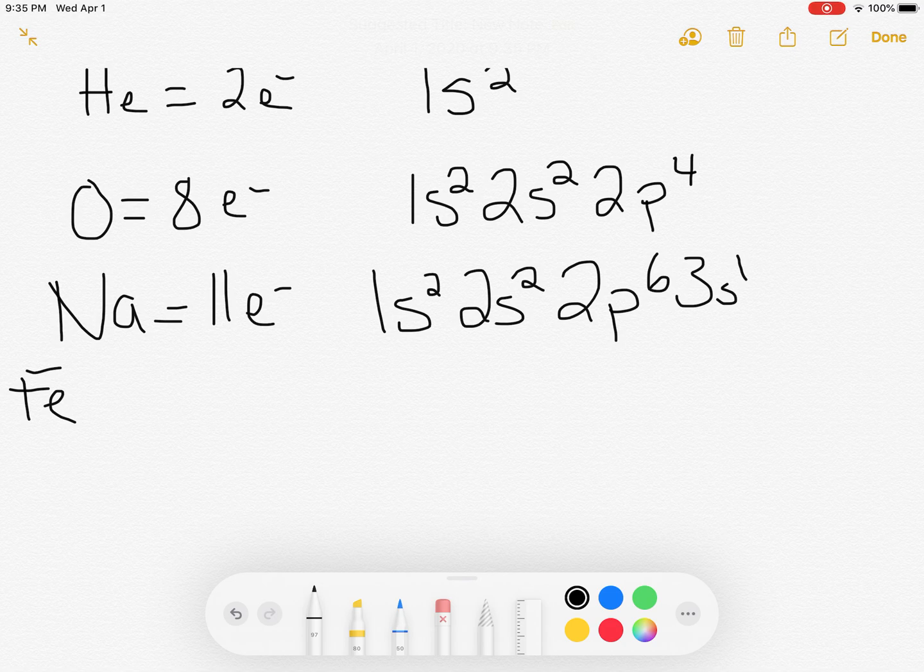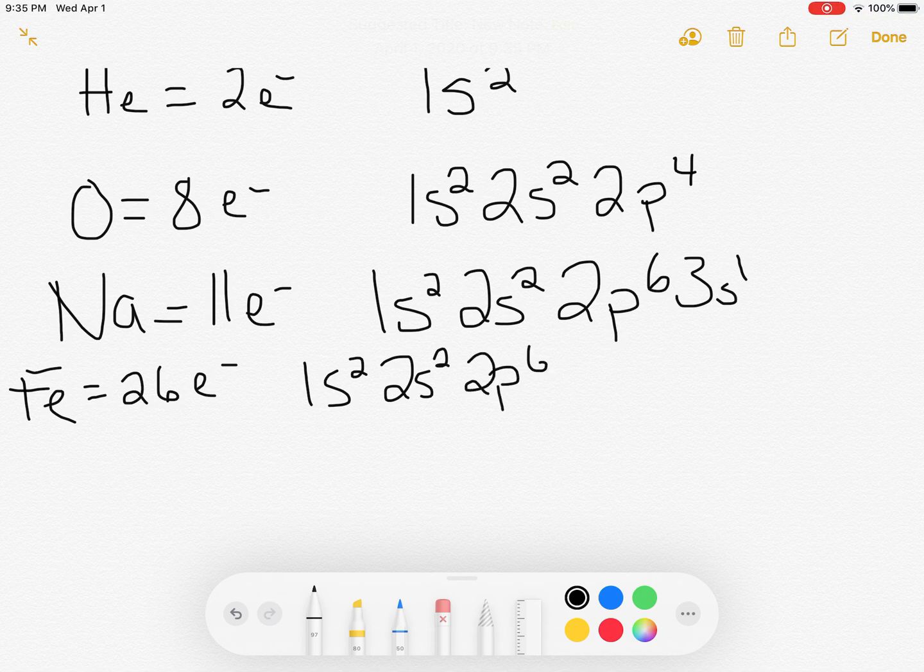Okay, one more example here. Iron, and iron has 26 electrons. So we'll start at 1s, put 2 electrons, go to 2s, 2 electrons, 2p, 6 electrons. So again, I've used 10 electrons so far. I've got 16 to go. So then we can go to 3s, put 2 electrons, and then 3p is next.